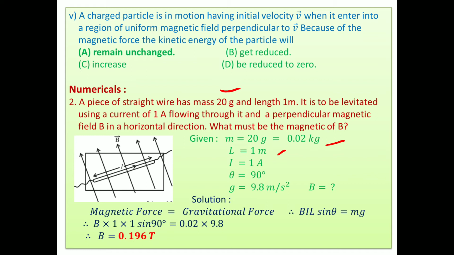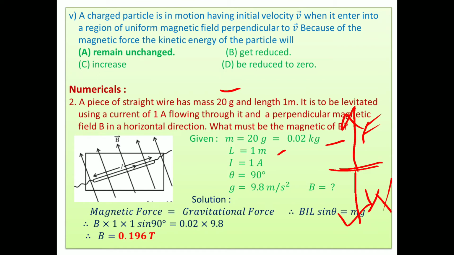It means it does not fall down. Look here, the force due to the magnetic field and the force due to gravity. Levitated means it is just suspended. It does not come downward and does not go upward. So the magnetic force and the gravitational force, which means the weight, balance each other.